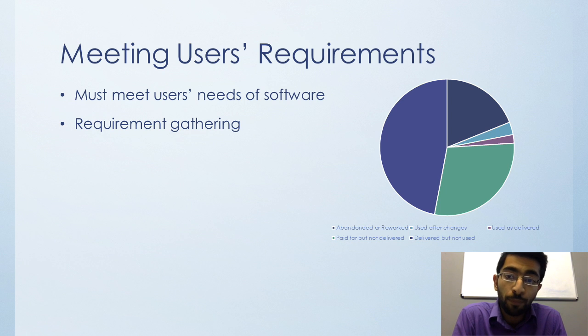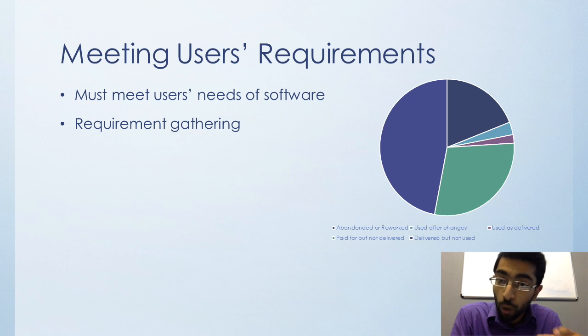So the first point that we must look at is how effective is a large-scale project. It seems that a large majority is actually delivered on time or is delivered to some extent, regardless of the time aspect, but it's not used properly.